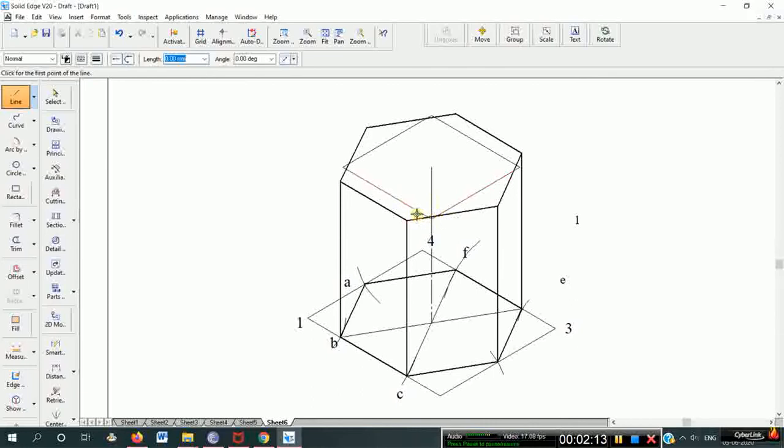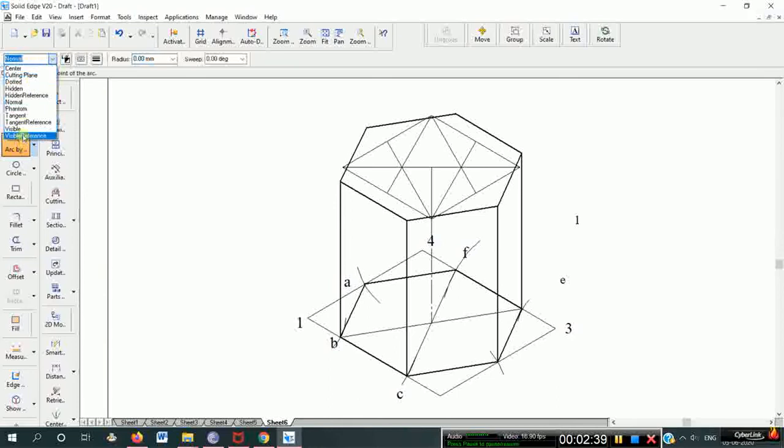So now from this point, take the opposite lines, take this line's midpoint, and construct a line. Take the compass and construct, taking this as the center and this as the radius.